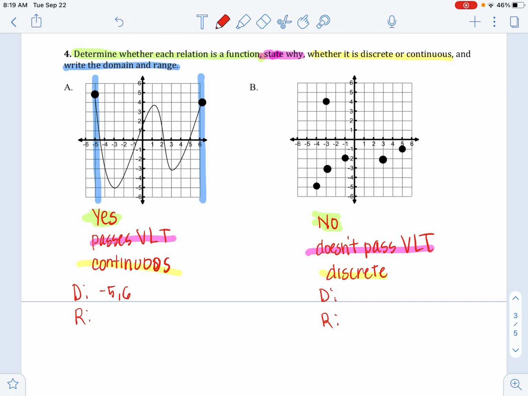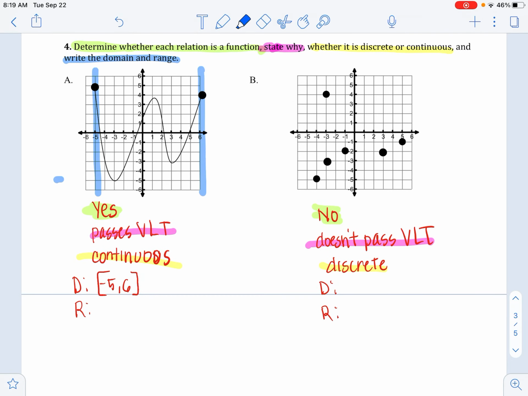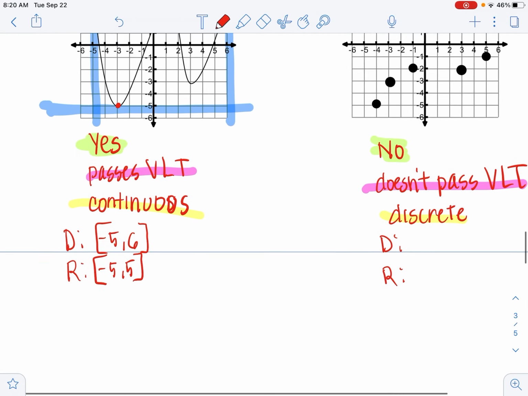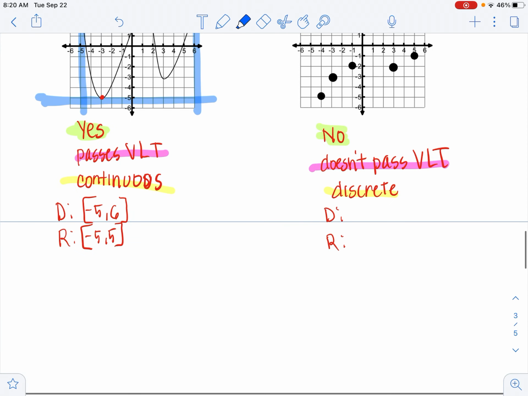So I'm going to say that's from -5 to 6, and it includes -5, it includes 6. My range, the lowest my y values go to the highest my y values go. So that's from -5 to 5, including both. Okay, people will say, okay, I see a point here, but what about a point here? There's a point there, it's just that I didn't make it like this, right? That was domain and range for that one.